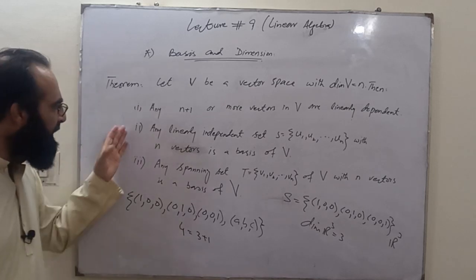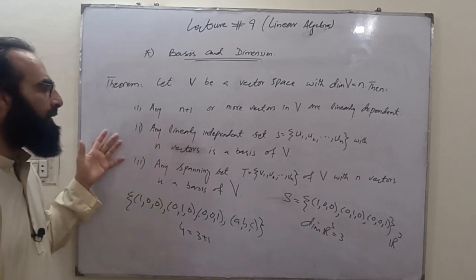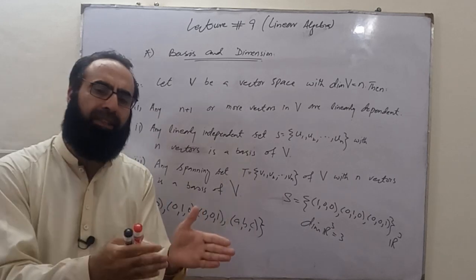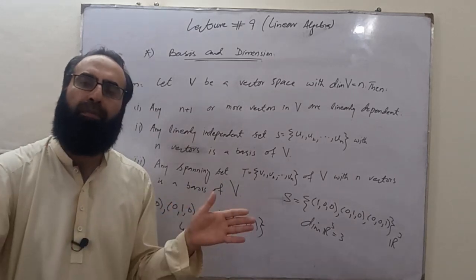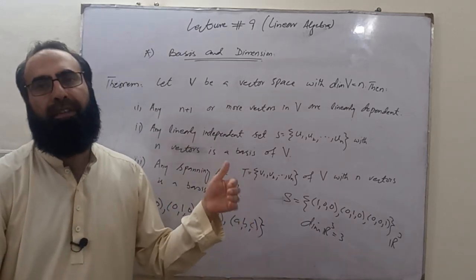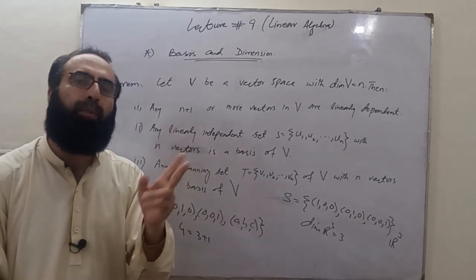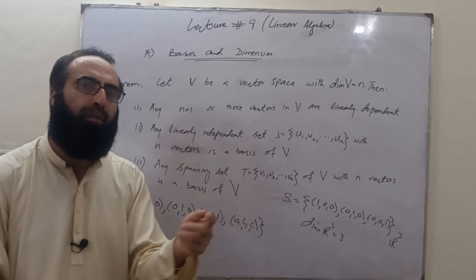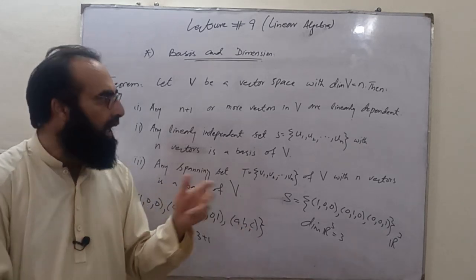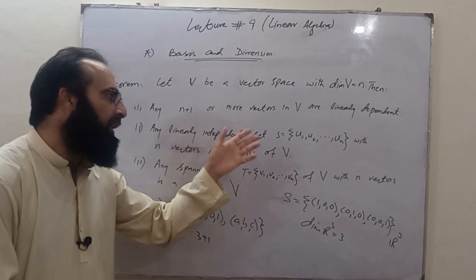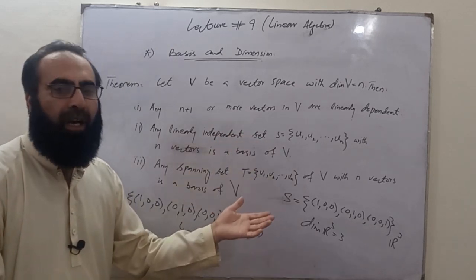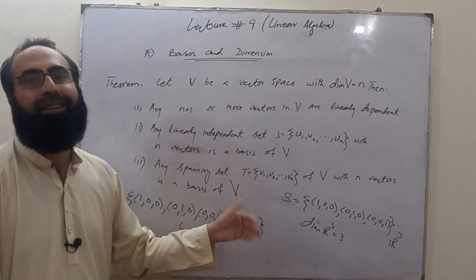The second and third parts of this theorem tell us that if we have a collection consisting of n vectors for a vector space with dimension n, then there is no need to check both properties for a basis. We will check only one property. Either we will check that the given collection is independent or that the given collection is a spanning set.